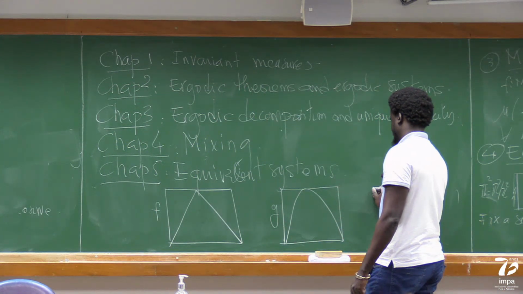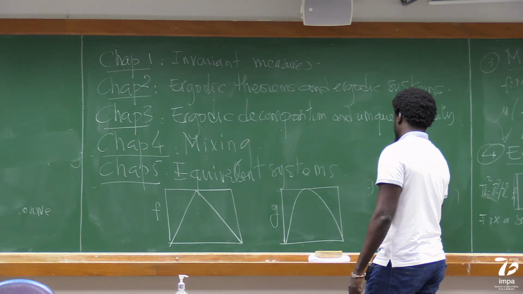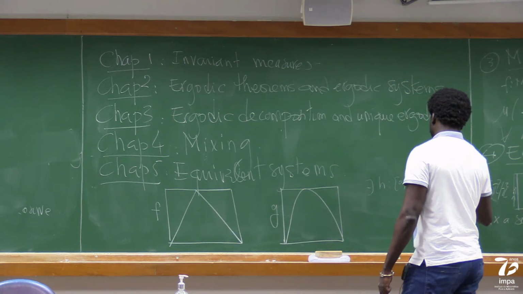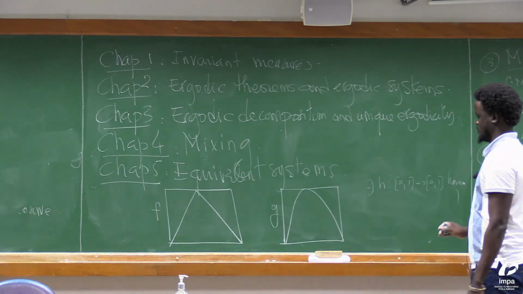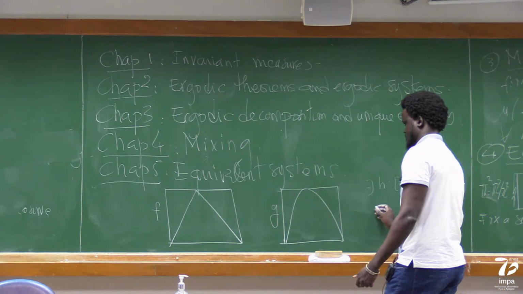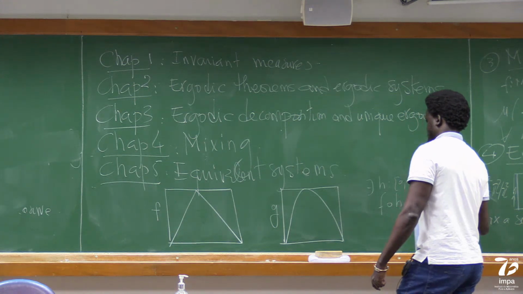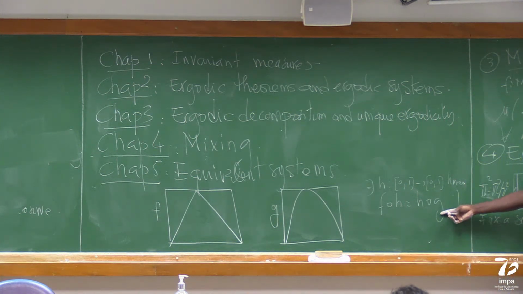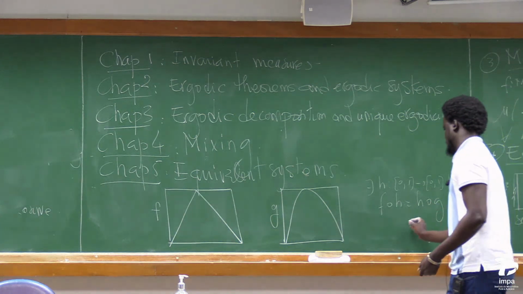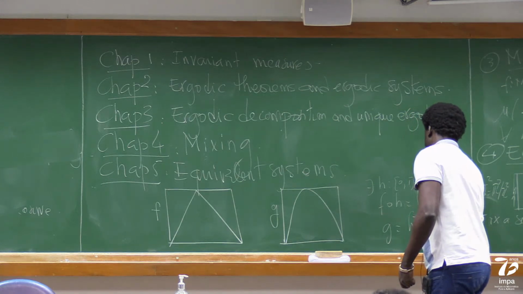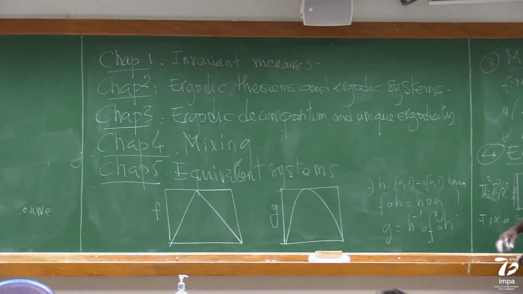It means that there exists H from [0,1] to [0,1], which is a homeomorphism, that conjugates these, so that F composed with H equals H composed with G. So once you have this, you can see that G is nothing but H inverse composed with F composed with H. So once you know F very well, you can recover a lot of G from F.